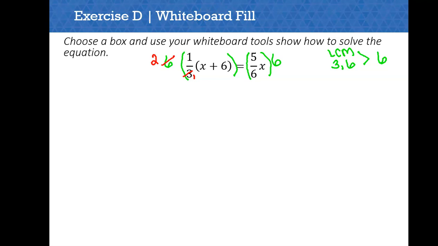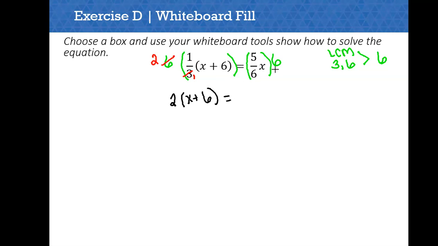So on the left, I now have the 2 that's going to be outside of those parentheses that were already there of x plus 6. So the 2 just replaces the fraction of the 1/3, but I keep the parentheses of the x plus 6.